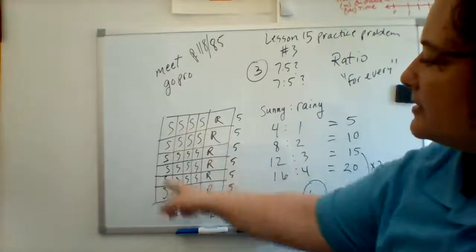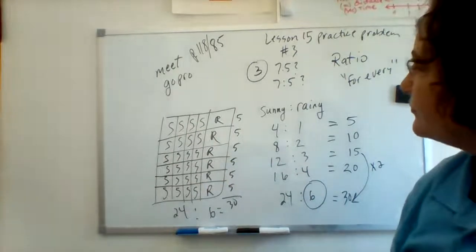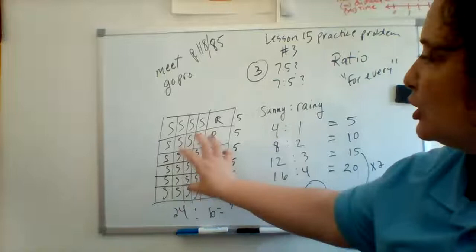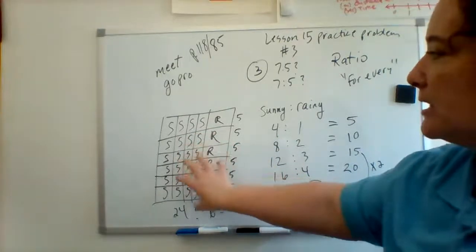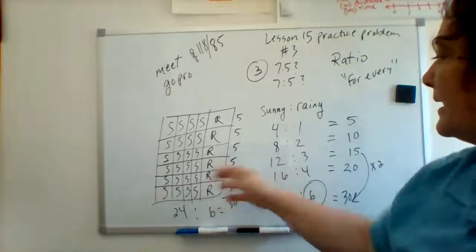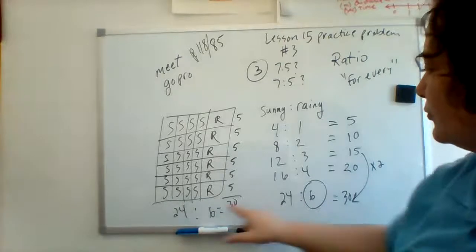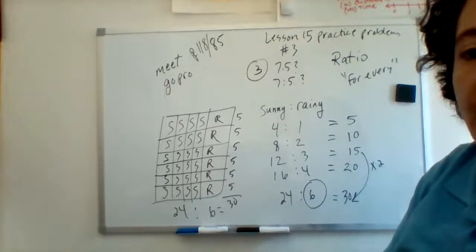And this is totally acceptable to model a problem, especially in conjunction with a ratio, right? We took this and we made it meaningful because we connected it to a ratio, and we proved that our ratio was accurate, mathematically accurate.